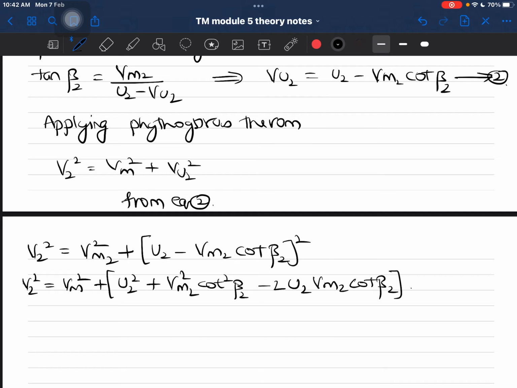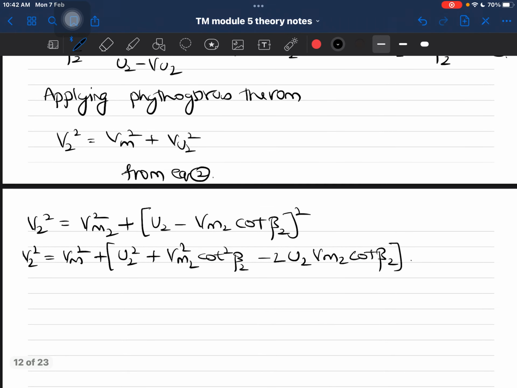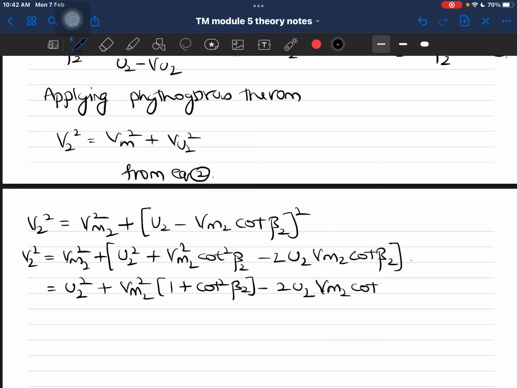Okay, so now what can be done next is taking Vm2 common. We have Vm2 square here as well as here. So taking Vm2 square common, what will it lead to? It will lead to u2 square plus Vm2 square common, which leaves 1 plus cot square of beta 2, minus 2 u2 Vm2 cot beta 2, right?